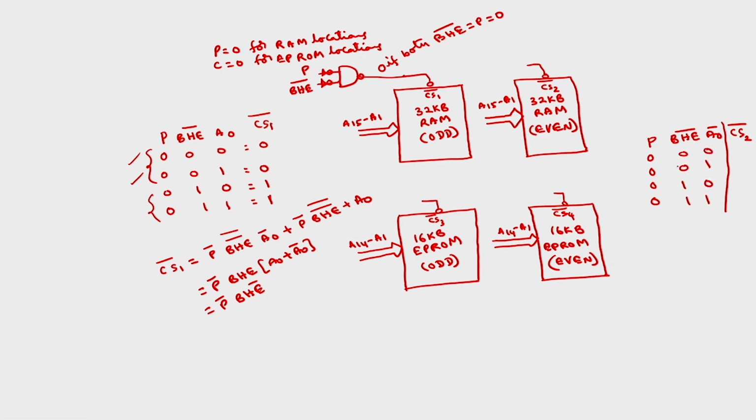So bus high enable is 0 means we should not select this chip because this is only high bank. Both are 0, so you have to select. Here we do not select, here you have to select, here not select. This is even bank. So Y0 is equal to 0, this you have to select, this you have to not select. Here BHE bar will get cancelled. So we will get same in terms of P. You can verify this, that this output will be P and A naught.